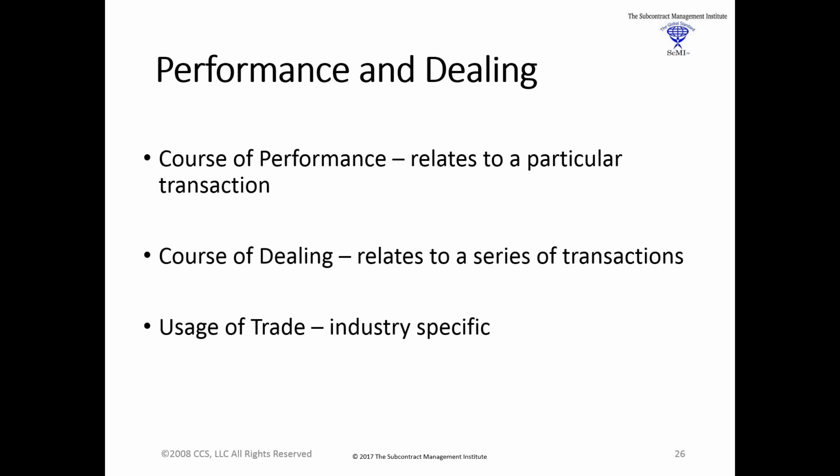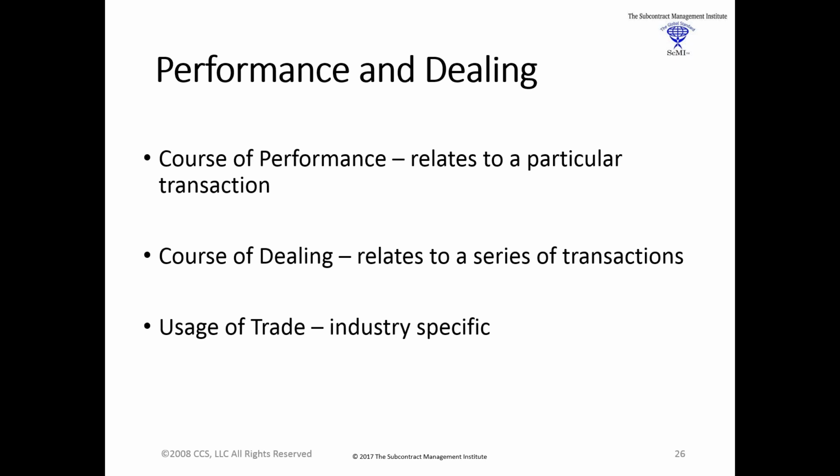Course of performance relates to a particular transaction. Say, for example, your contract says the subcontractor will provide weekly status reports. But as the contract has unfolded, you've only asked for them monthly. And the contract is well into performance, and the sub's been giving you monthly status reports. Can the prime then go back and say, whoa, whoa, wait a minute. Contract says you have to give these weekly, so you have to start giving them weekly.